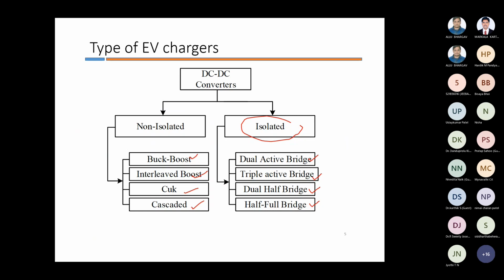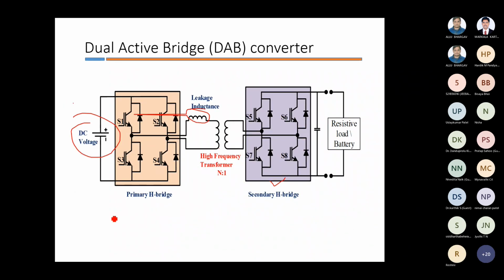Here, the primary bridge inverts our DC voltage and forms a square waveform across the inductor, or across the primary of the transformer. This square waveform is induced on the secondary side, and it will be rectified to DC voltage.